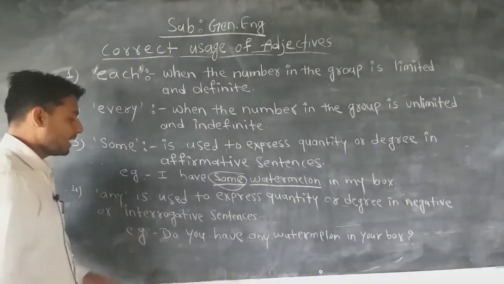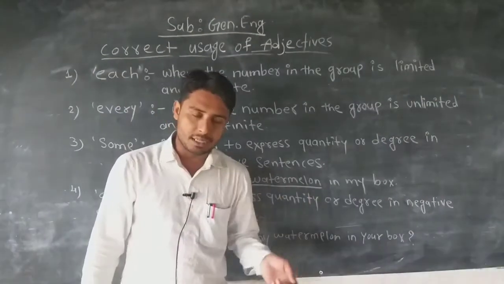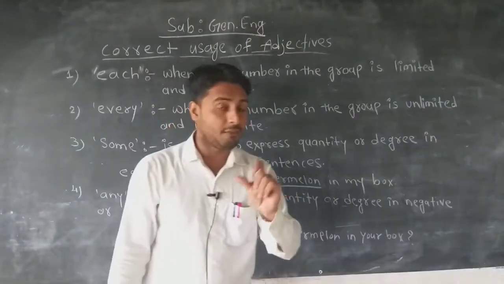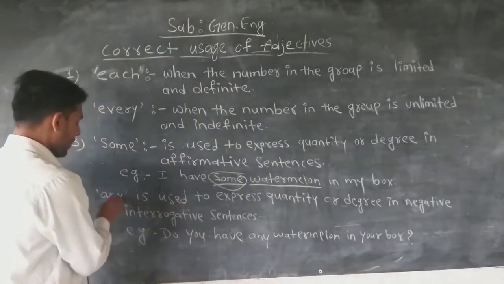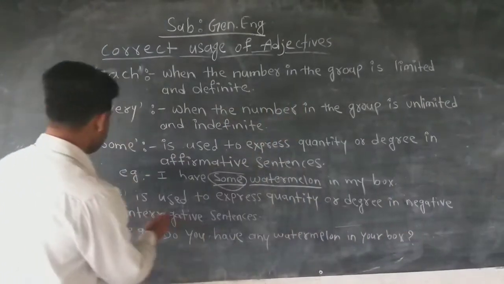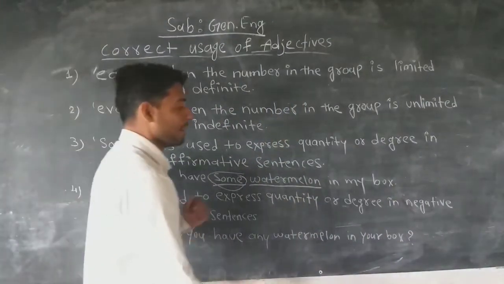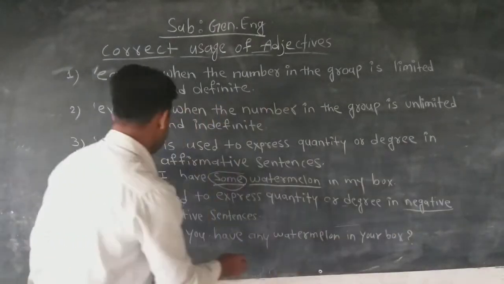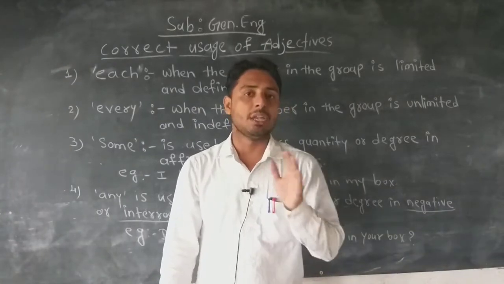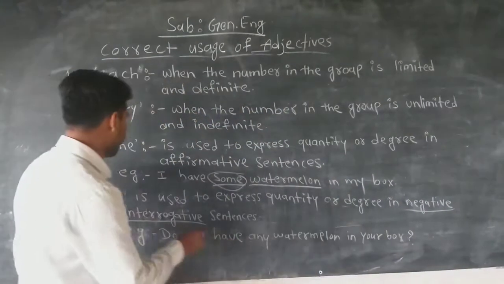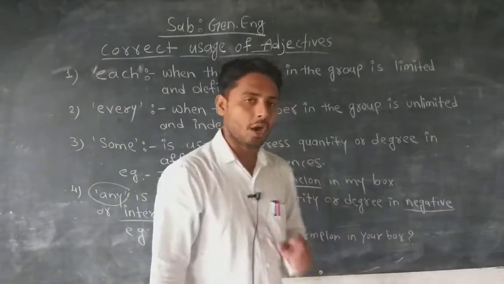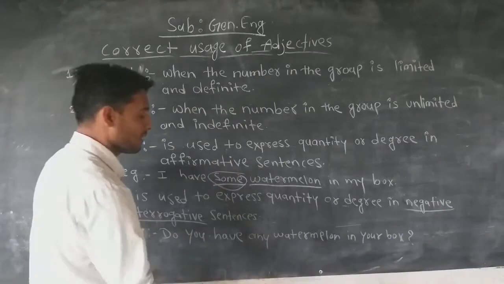And second, any is used to express quantity. Some and any both are used for showing quantity, but there is a difference between both words. Any is used to express quantity or degree in negative or interrogative sentences. Remember, boys and girls, whenever you see a negative or interrogative sentence, you will use only any for showing quantity of things.